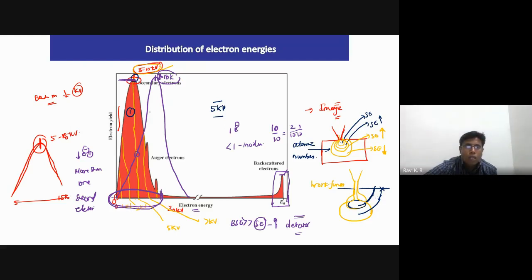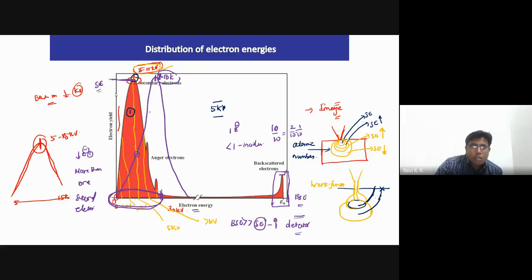The reason why you get a better resolution in secondary electrons compared to backscatter electrons is that you have a higher number of secondary electrons. That is another reason why you get better resolution in the secondary electron.